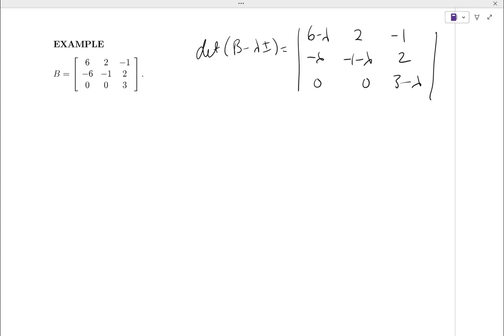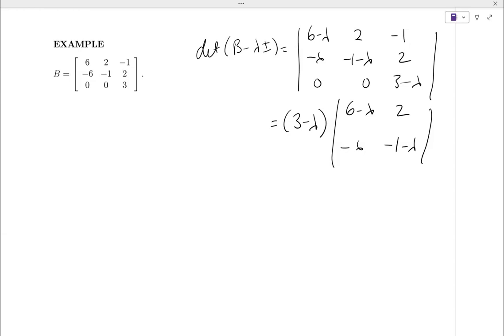The lambda I off just has the effect of subtracting lambda down the diagonal. I see those 2 zeros down in row 3. So I'll expand along the third row.